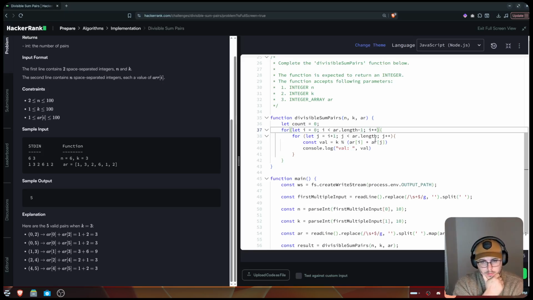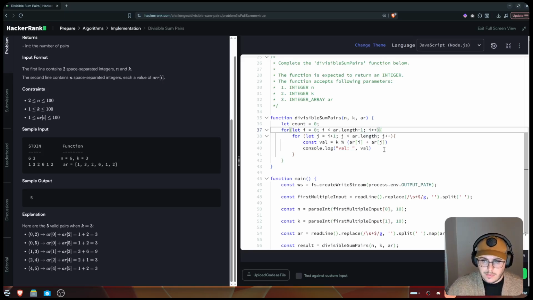If it's a length of 6, this will stop at 4, because I needs to be less than the length minus 1. The length is 6, minus 1 is 5. It needs to be less than that, so we'll stop at 4. And then j will start at 5. It'll add those two because j is less than the length. Length is 6. When it hits the end of that, it's going to quit.